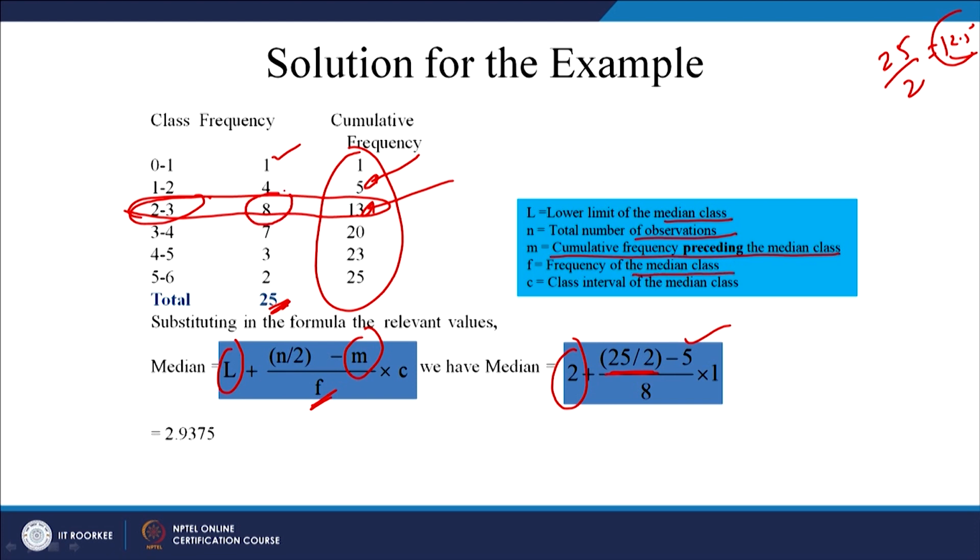So, keep in mind there are two frequencies: one is the cumulative frequency of the preceding class, and this is the frequency of the median class. And c is the class interval of the median class, which is 1, since 3 minus 2 is 1. If you put all these values in this formula, you will get 2.93. So, the median is 2.93.